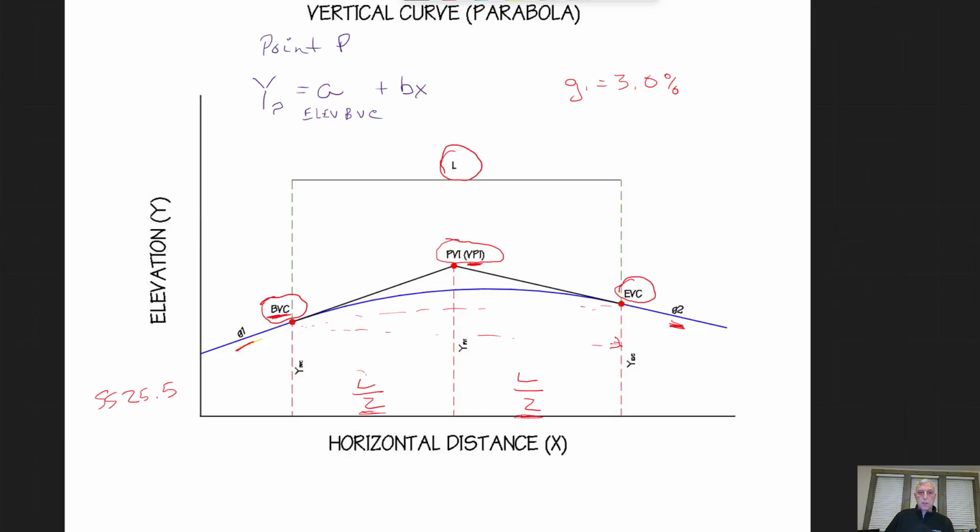So that's the horizontal distance from the BVC to P, and B is the slope of the incoming tangent.